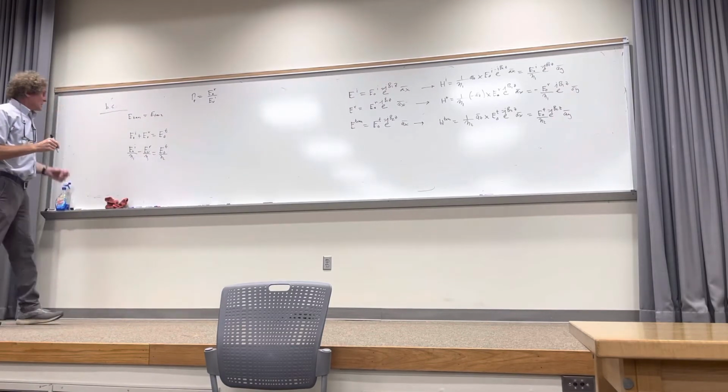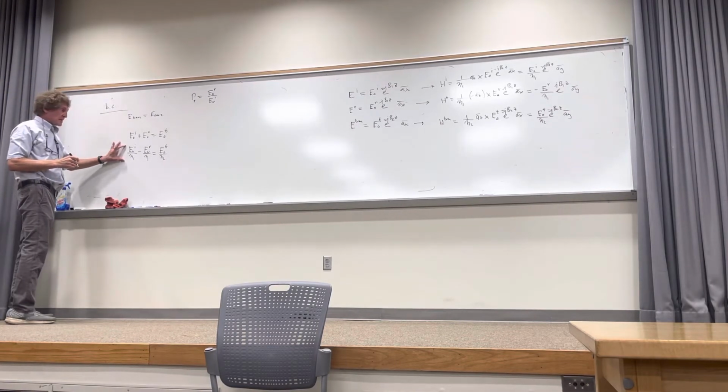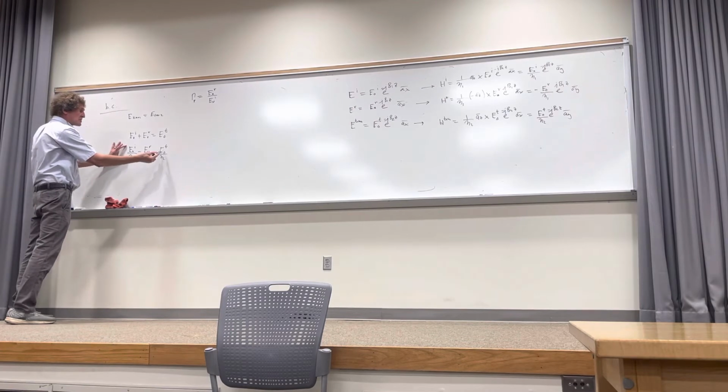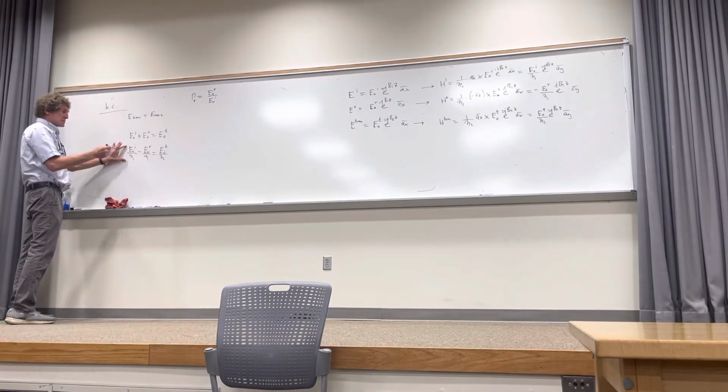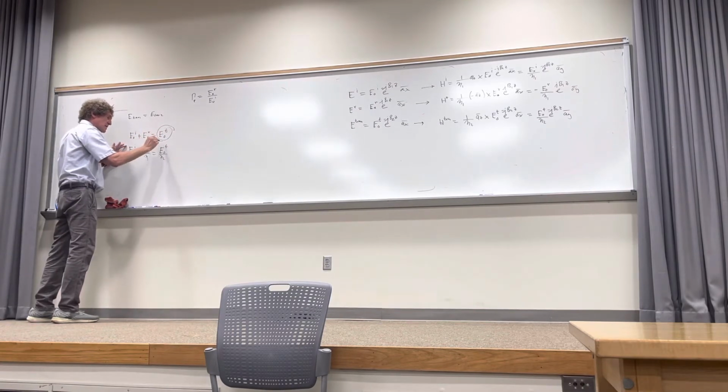Okay, so now here's what we do. I'm going to take this equation and replace E naught transmitted by these two. I'm just taking this equation right here and sticking it in there.